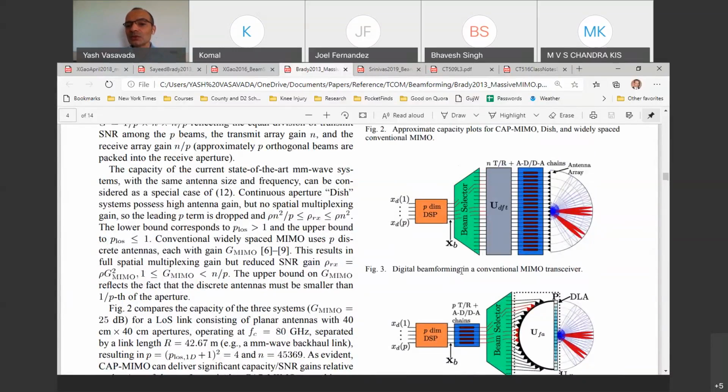Then if I do the conventional ULA, I will need 256 RF chains.